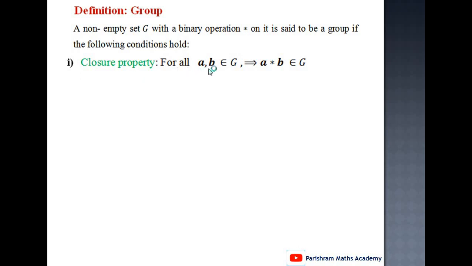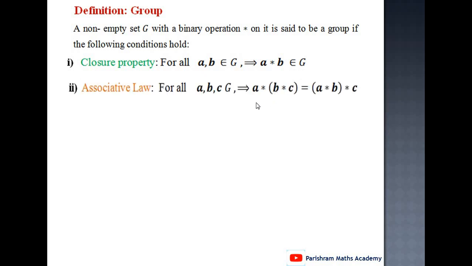For all a, b belongs to G implies a star b belongs to G. If a and b are any two elements of G and star is an operation on G, then a star b is also in G, which means the closure property is satisfied.